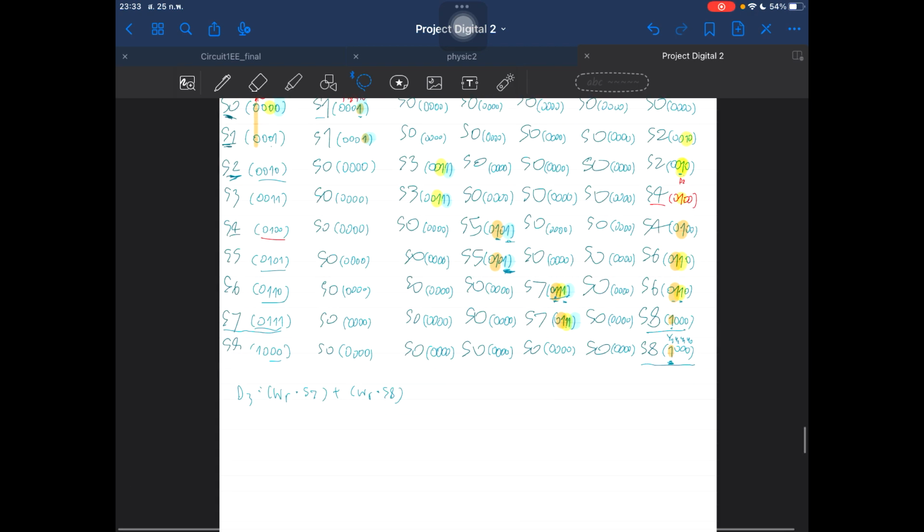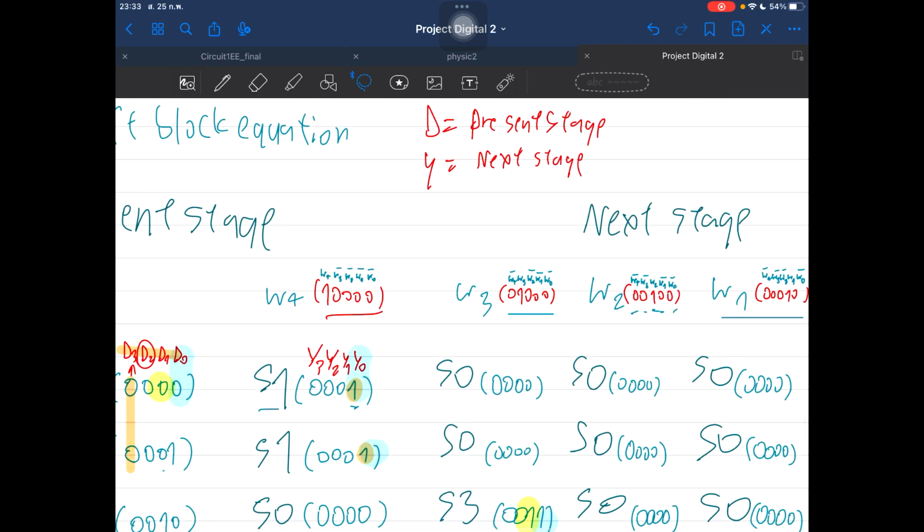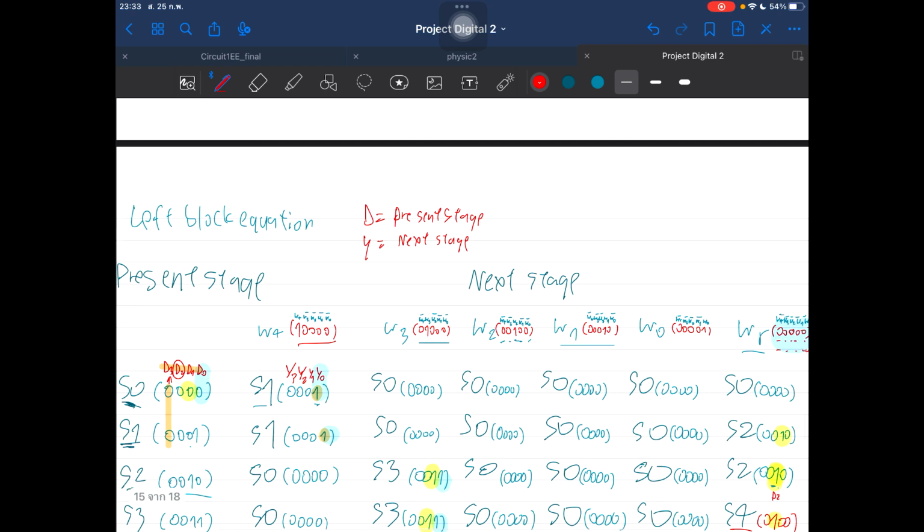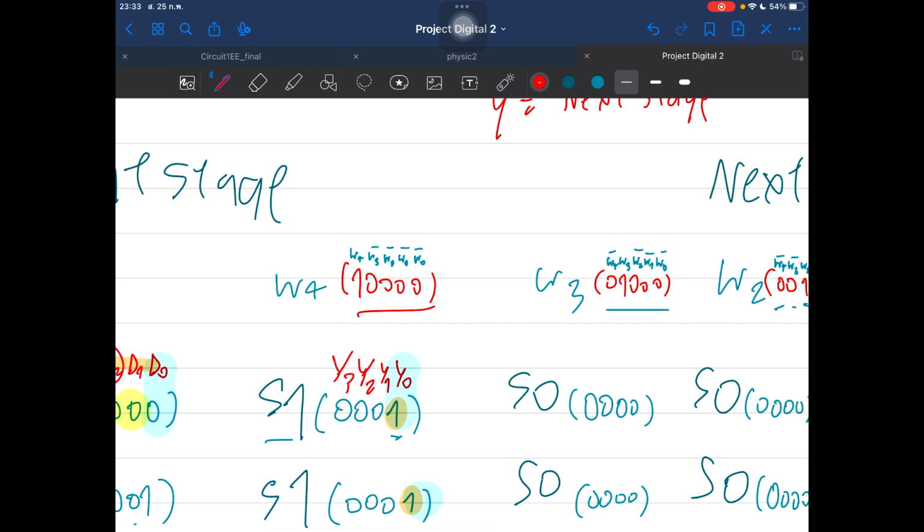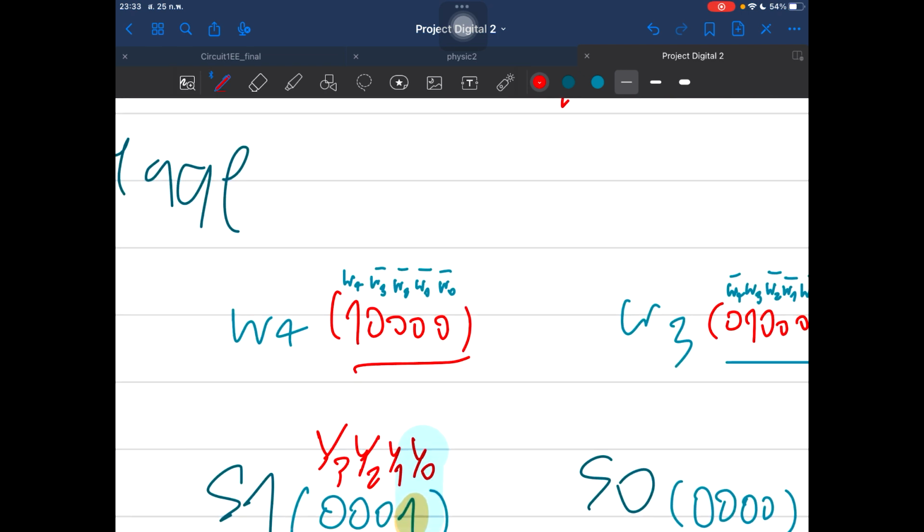As I already told, in the W input, they have the input name inside. First is W4. W4 name is 1000.